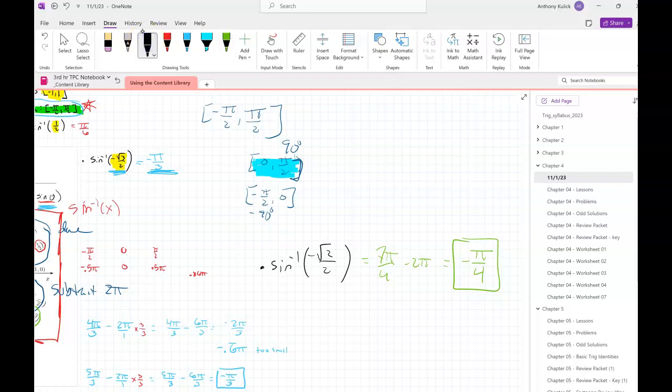All right. What do we still need to do, though? How many trig functions have we talked about so far? Well, really, 6, right? Sine, cosine, tangent, cosecant, secant, cotangent. But we definitely still need to talk about cosine and tangent, right?